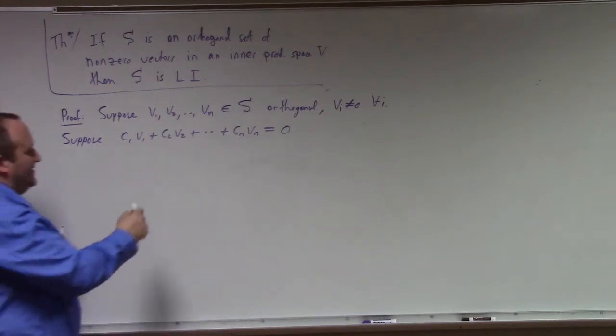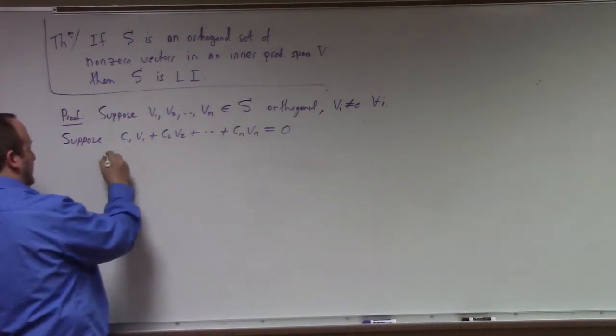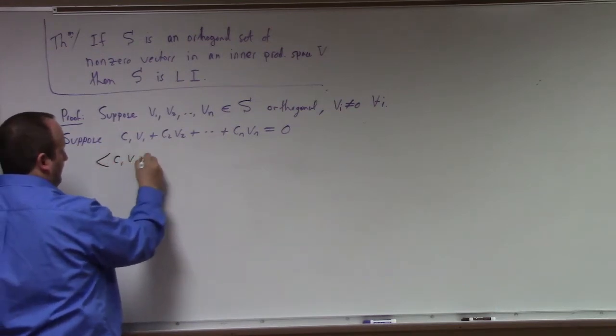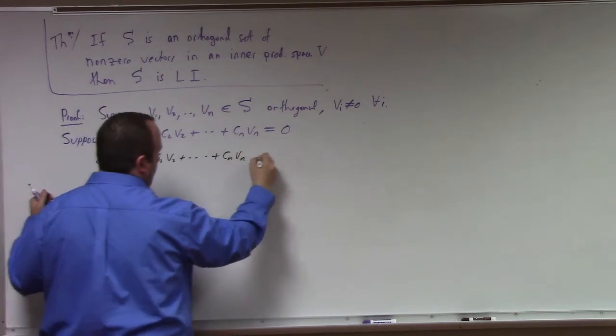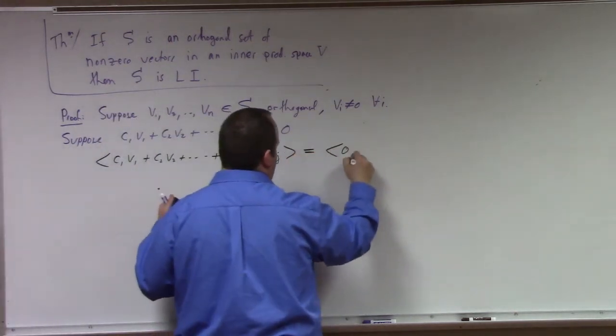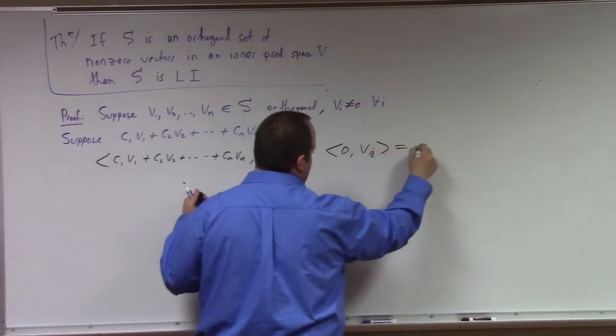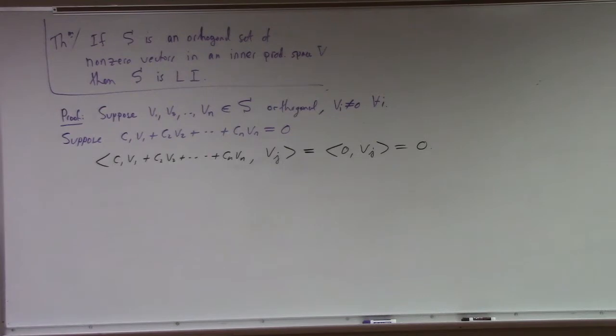So how about this? Take the inner product of this with vj. So that's the inner product of 0 with vj, which, by the way, is 0. But by properties of the inner product, which extend to finite sums just like they do for 2, we can pull the constants out.